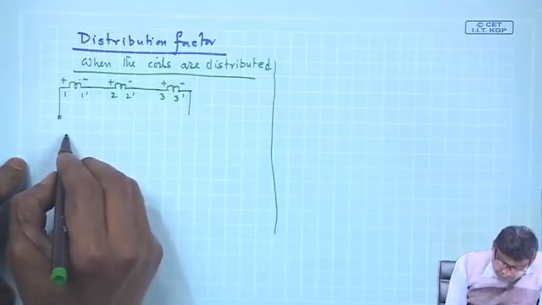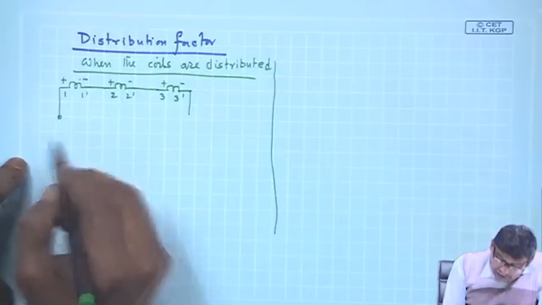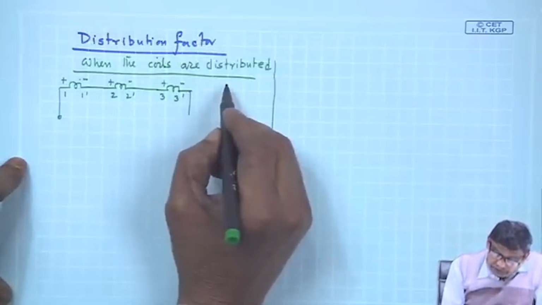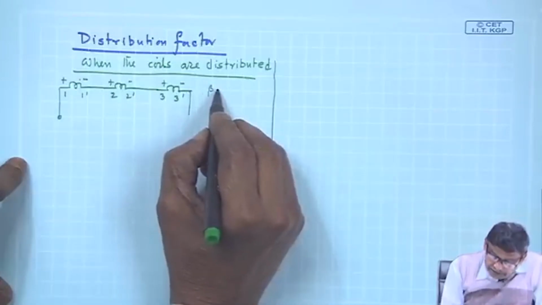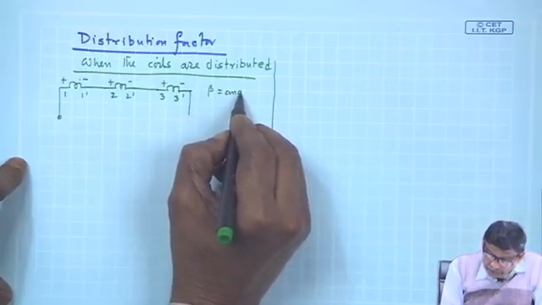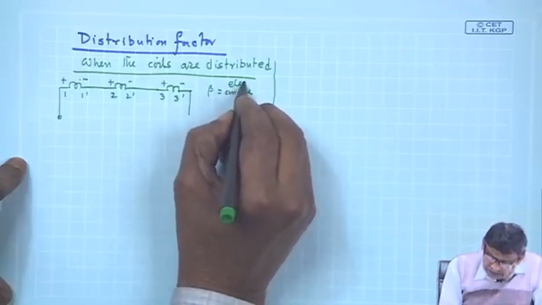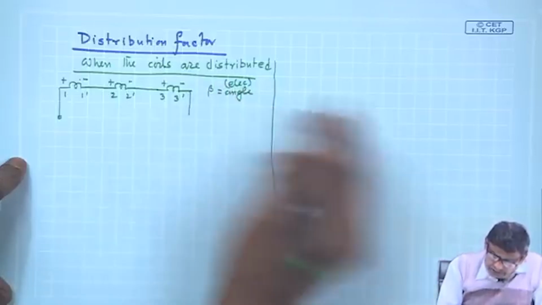Now, these 3 voltages, and the angle between 2 consecutive slots is beta. Beta is equal to the electrical angle, needless to say, henceforth we will say.